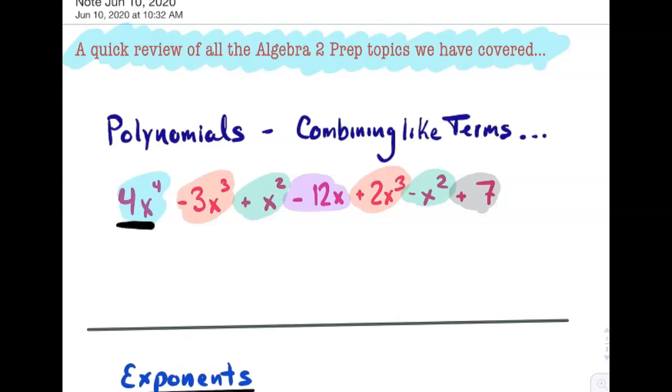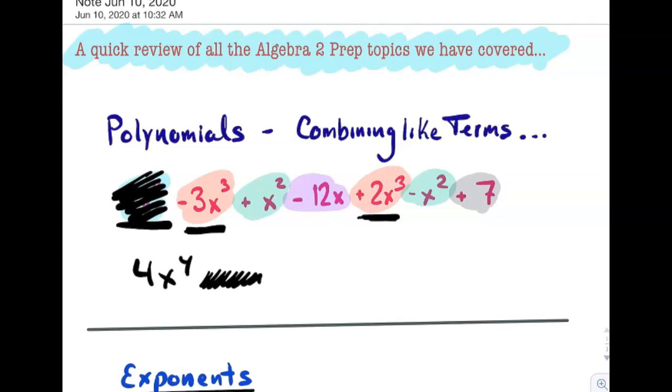So then you just combine what you have. How many of these were there? There was just that. So 4x to the fourth. Okay. Then you look toward negative 3x cubed plus 2x cubed. So that would be negative x cubed. All right, and then you can cross those off.